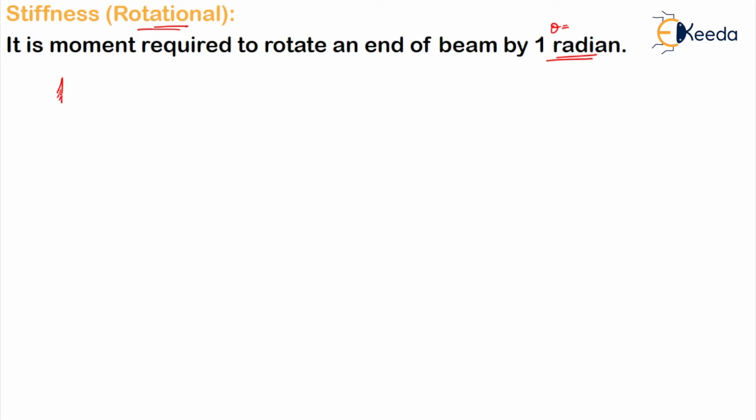Say for example, if we have a fixed beam like this, and the length of the beam here take it as L, A and B are the ends, so we'll take EI to be constant. Understood.